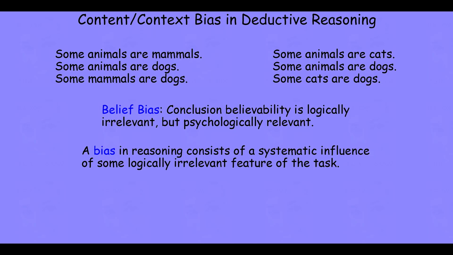So if we say some animals are cats, some animals are dogs, therefore some cats are dogs, the relationships in the second argument are exactly the same as the relationships in the first, but it's clear that the first two statements are true, but the third statement is not true. And so this argument's underlying structure relates the content in a way that doesn't preserve truth through that inferential transformation.